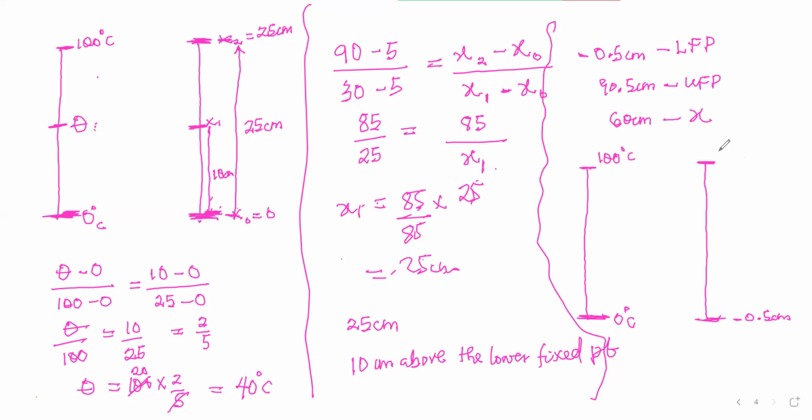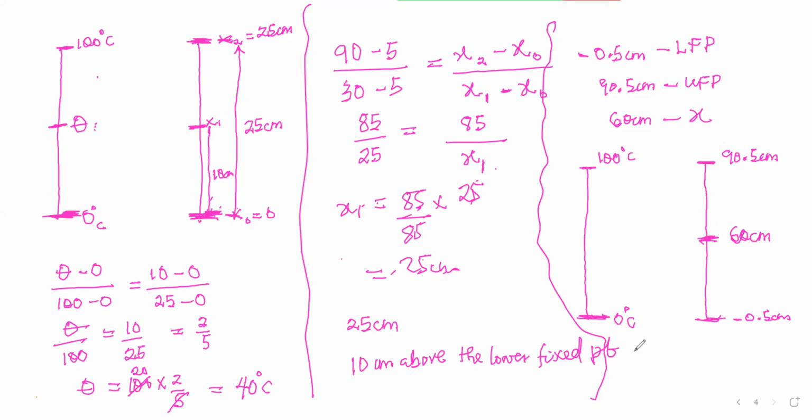Then the upper fixed point is 90.5. When it is at 60 centimeter, what is the corresponding temperature?